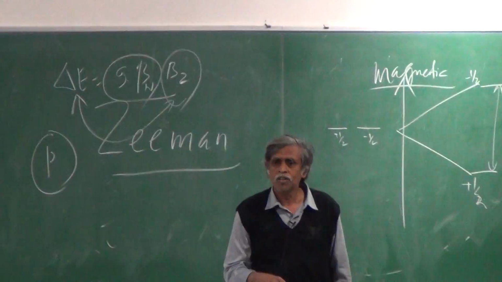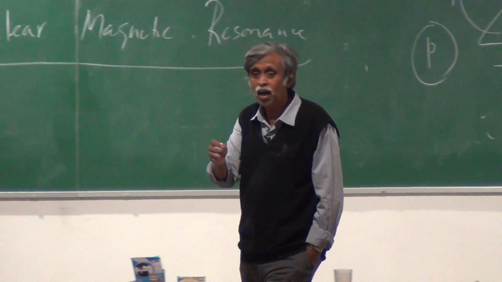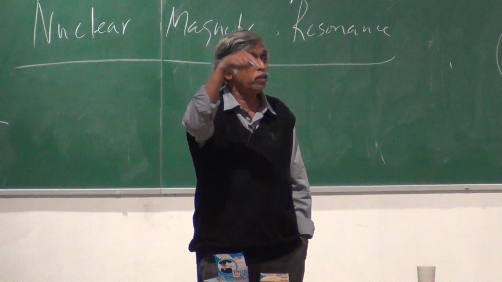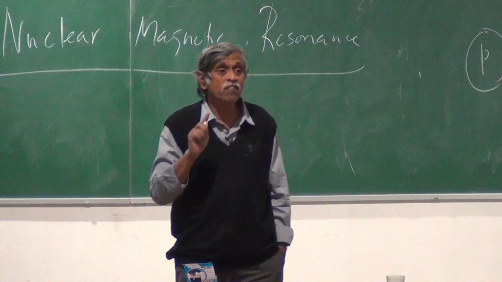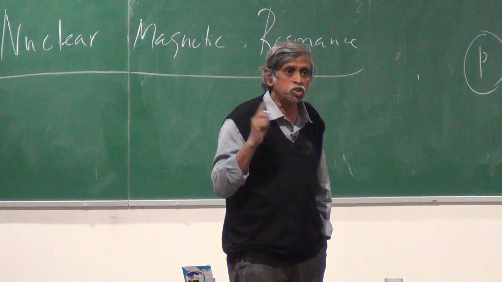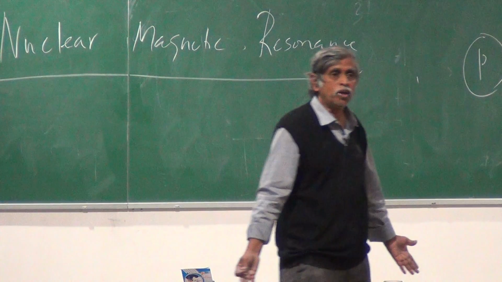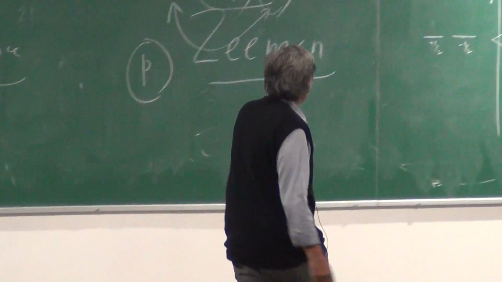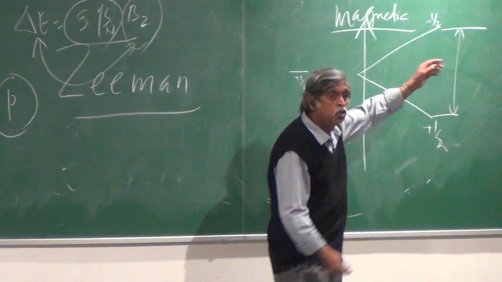The field. So in essence, you're not going to ask me for the energy difference, just give me the field. I will calculate the energy difference, and once I know the energy difference, I will calculate the population and tell you how much population differential I have between these two things. And if I want to have the largest differential, what should I really do? Apply a strong field. The strong field that I apply can actually split things quite large.